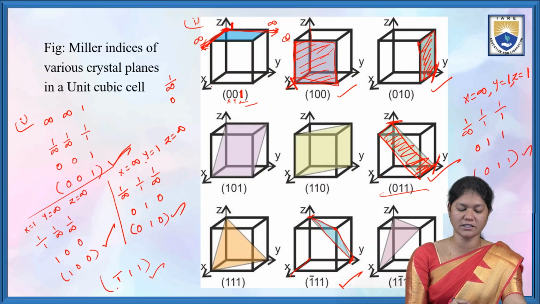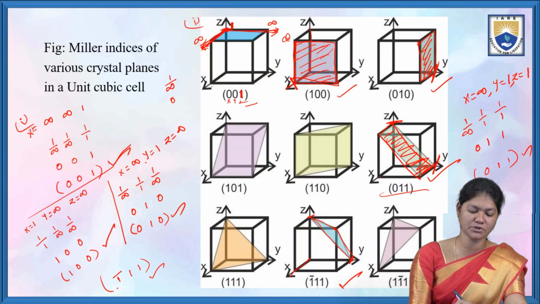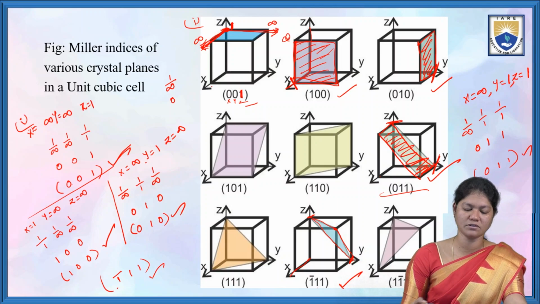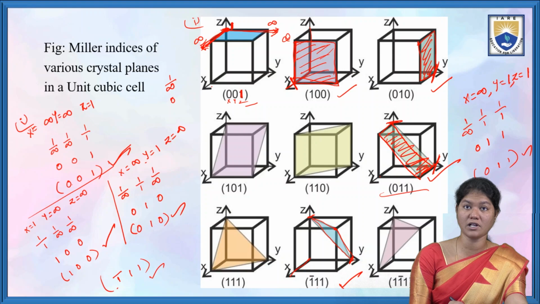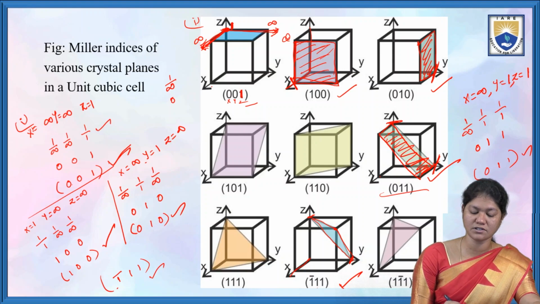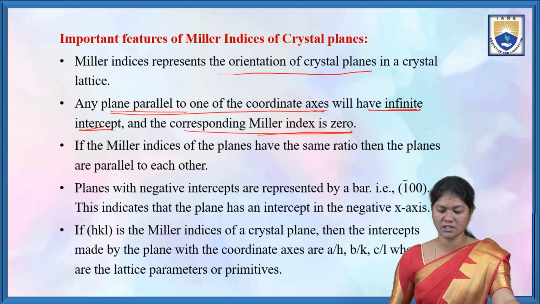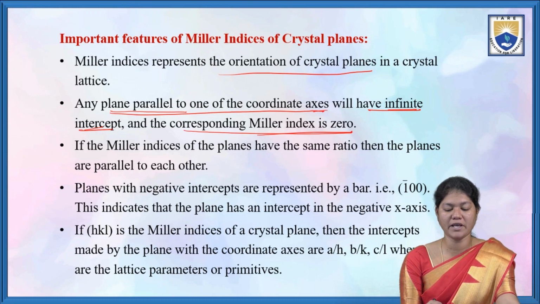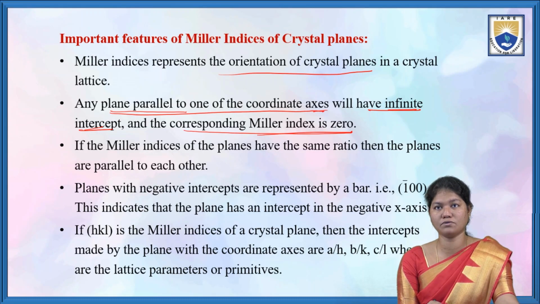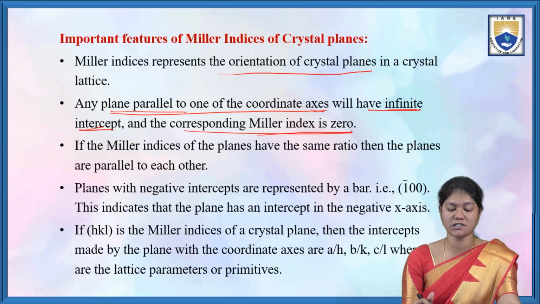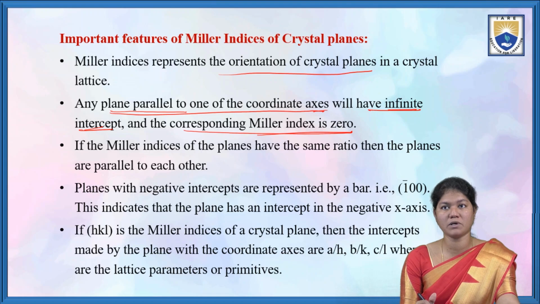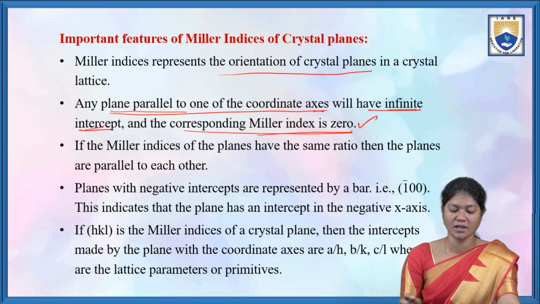So x equals infinity, y equals infinity, but z equals 1. When taking the reciprocal: 1 by infinity, 1 by infinity, 1 by 1. So that is 0, 0, 1. That's why we say any plane parallel to one of the coordinate axes will have an infinite intercept and the corresponding Miller index is 0.